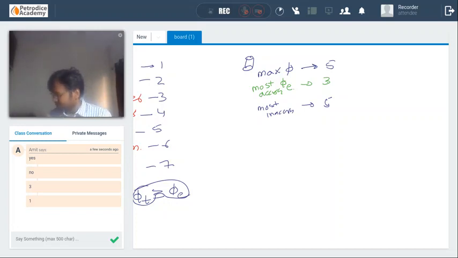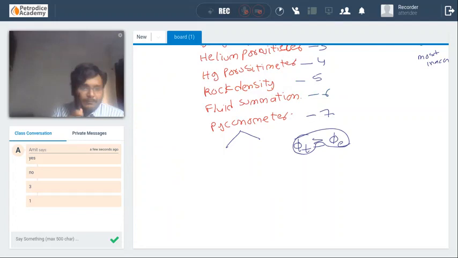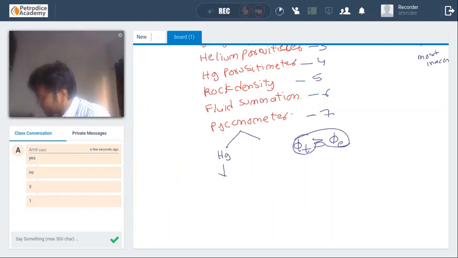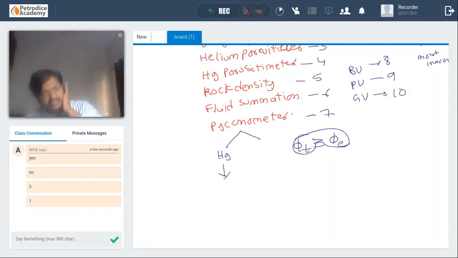Okay. Guys, in a pyknometer method using mercury, which particular volume is measured? Bulk volume, pore volume, grain volume. Your answer, guys. In a mercury pyknometer method, which particular volume is generally measured?